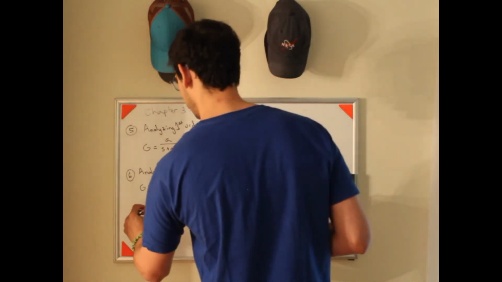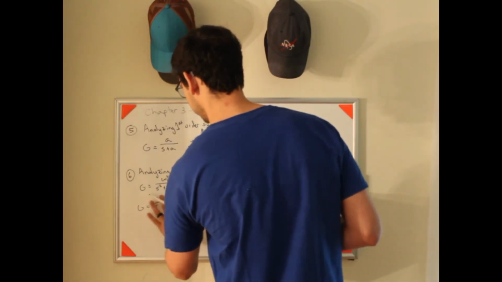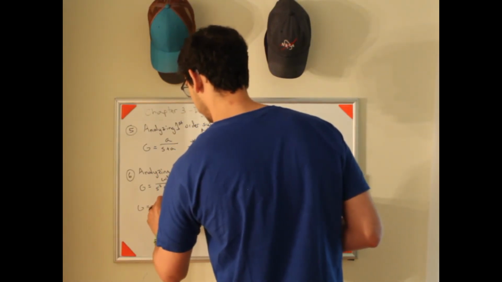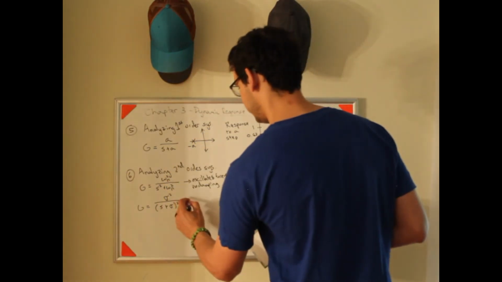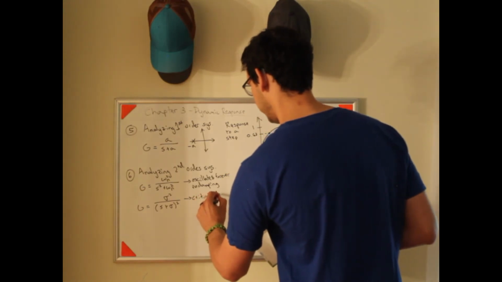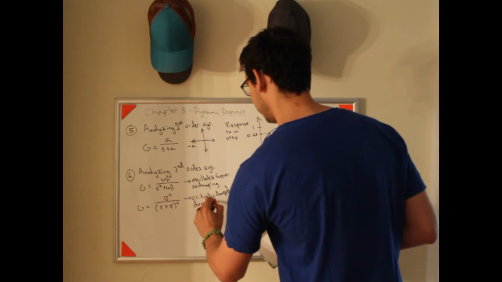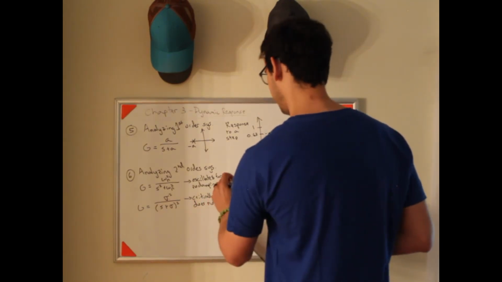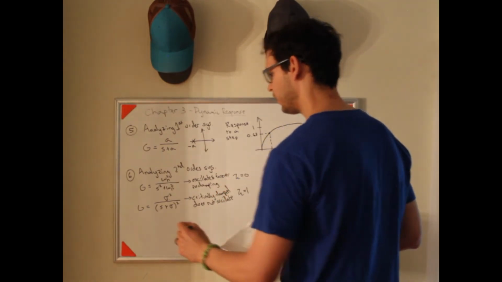If you have G equals omega n squared over, let's do sigma squared, s plus sigma squared like that, this is actually critically damped, and does not oscillate. And by the way, this has a damping ratio equal to 0, this has a damping ratio equal to 1.